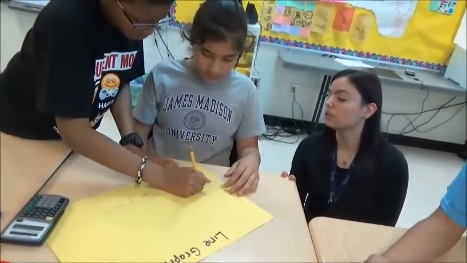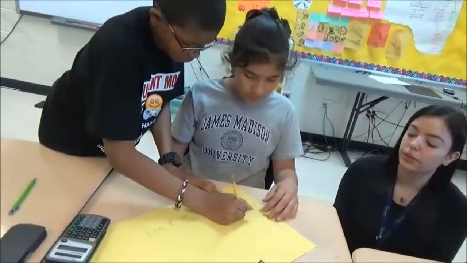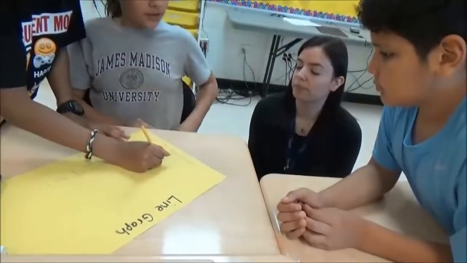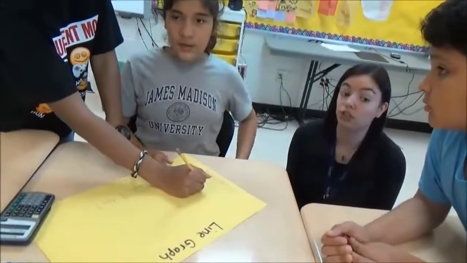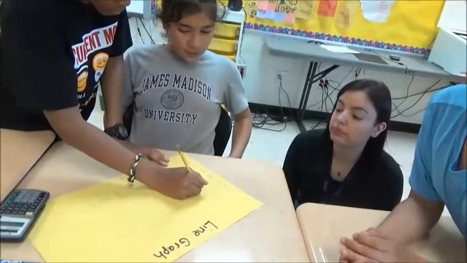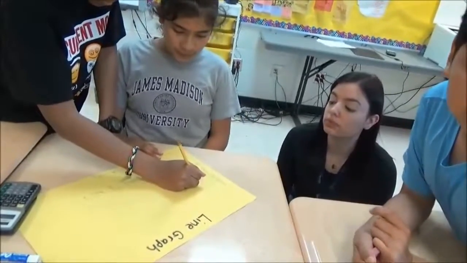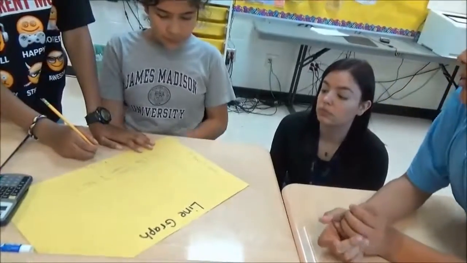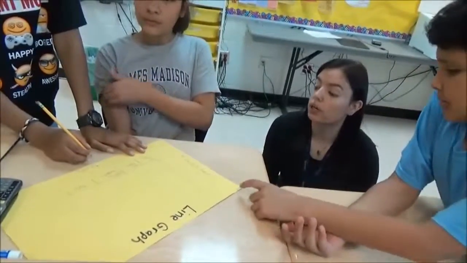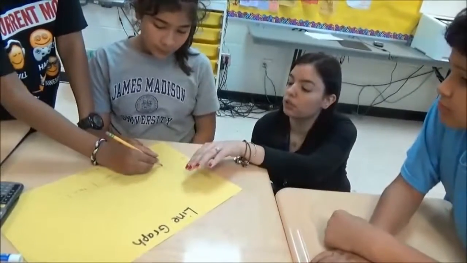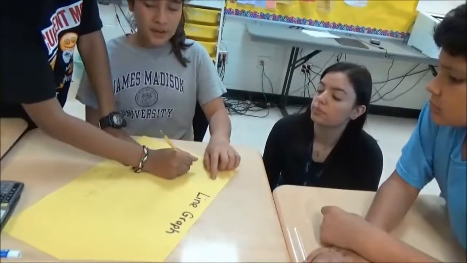Excellent. Do you think we should get a ruler so we can have the lines across? How high should you go up? 21. Yeah, that's an odd number. It's okay, so you can make it under. Let's look, where would 3 be on your graph? Right there. Okay, so just go up to 22.